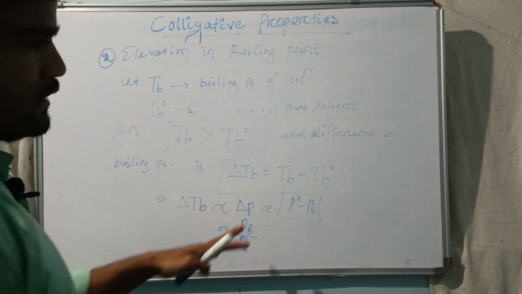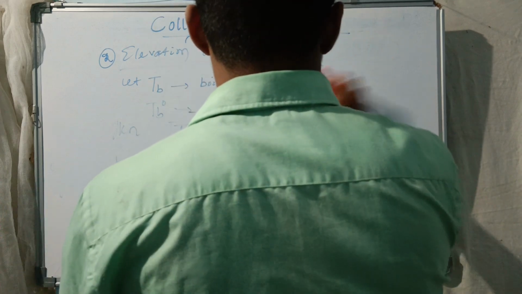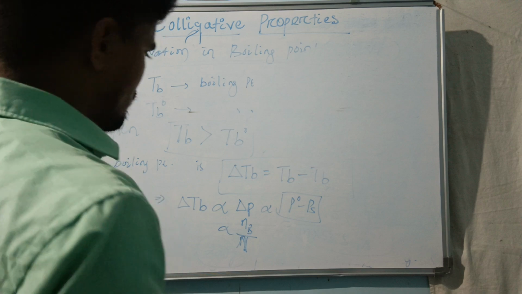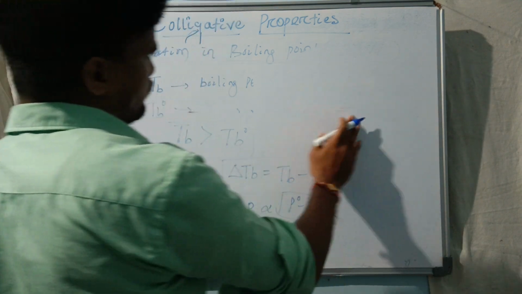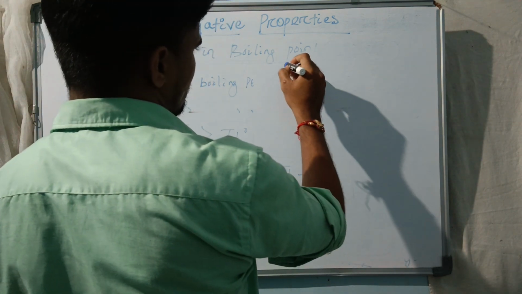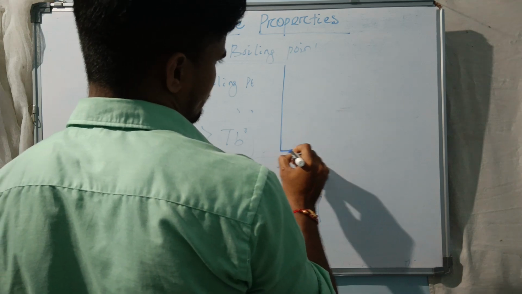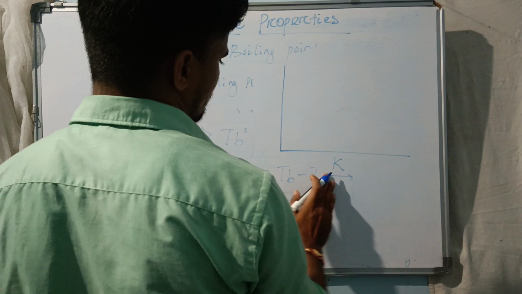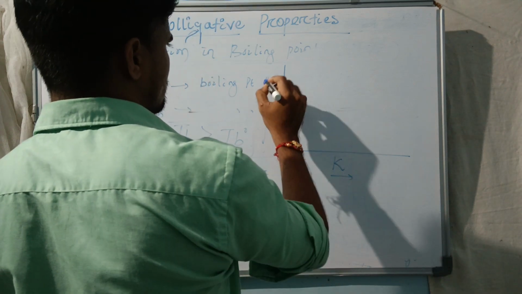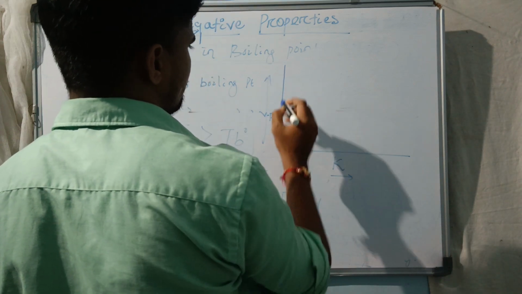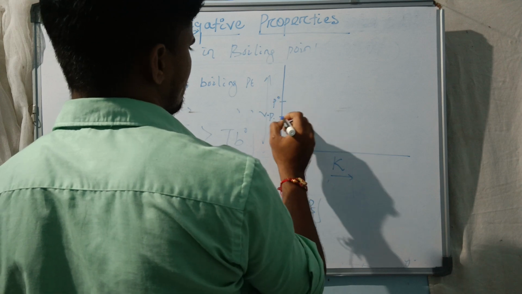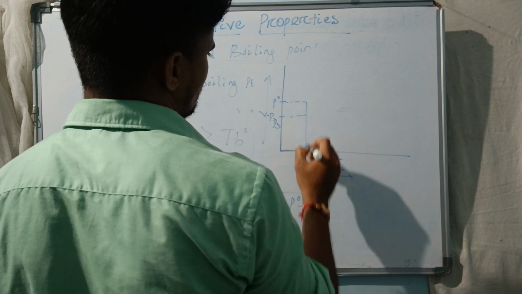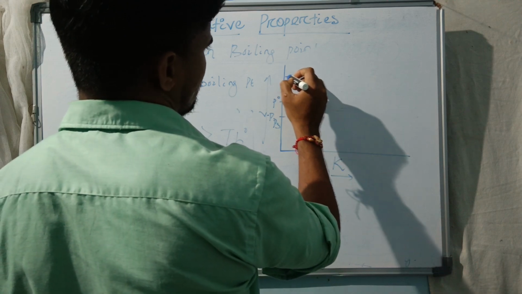So related to this, we have to plot a graph. The graph will explain the boiling point of the solution in the solvent, right? So this is the vapor pressure, this is temperature in K, and this is vapor pressure P naught, PS.